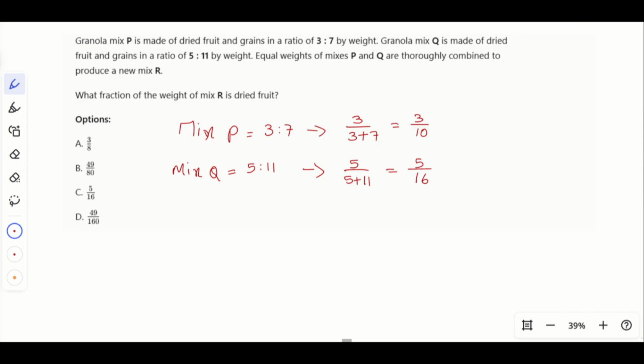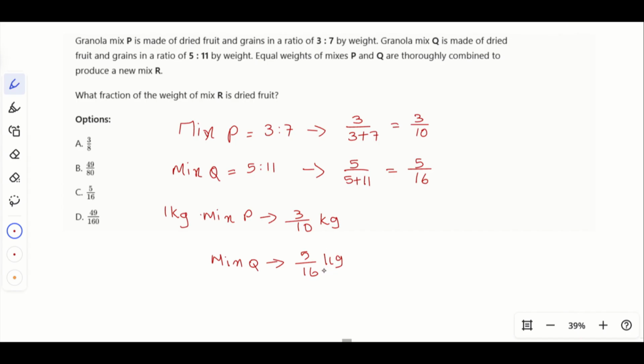If we are taking 1 kg, for mix P that will be 3 by 10 kg, and for mix Q that will be 5 by 16 kg.